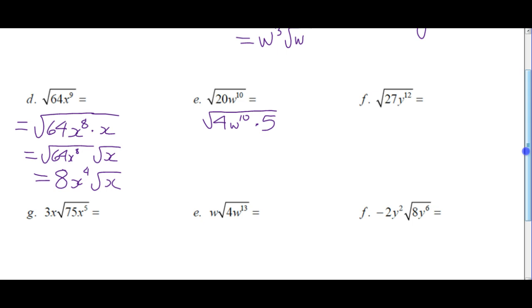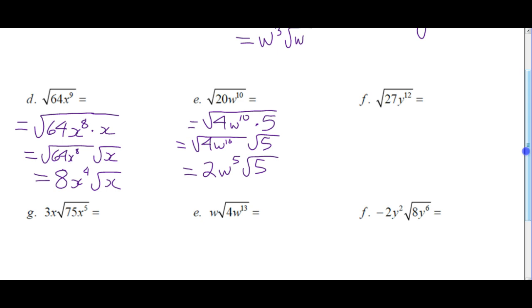So what I'm going to do is write 20w to the 10 as a product of things that have a square root and things that don't. And then I could split out the things that have a square root and the things that don't. And what's the square root of 4w to the 10? 2w to the 5th, root 5.